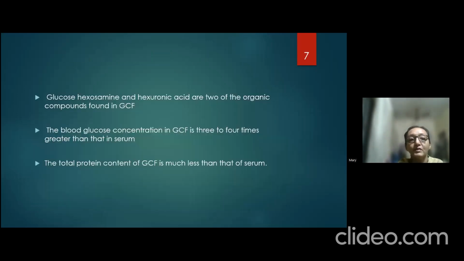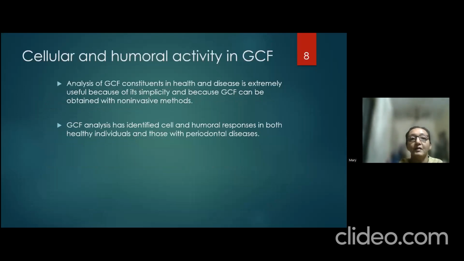And glucose, hexosamine, and hexuronic acid are some of the organic compounds which are found in GCF. It is also found that the glucose concentration of GCF is usually 3 to 4 times greater than that in serum. Also, the total protein content is much less than that of serum. Coming to the immune mechanism of GCF, it has both cellular and humoral activity.